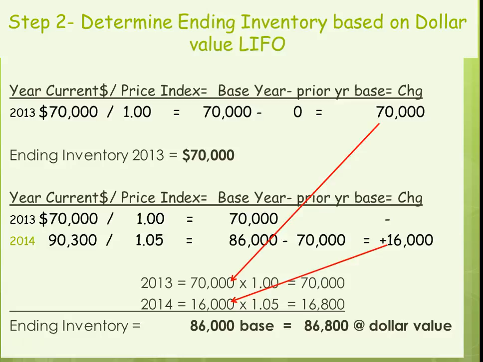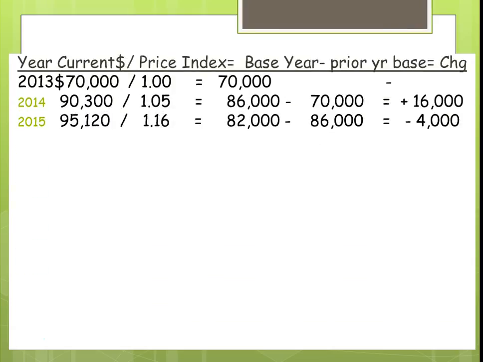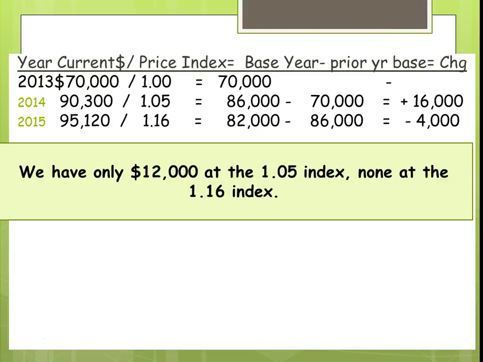Now we'll do 2015. For 2015, we went down by 4,000. What this means is we can't use the 1.16 at all, and we only have 12,000 left at the 1.05 index.